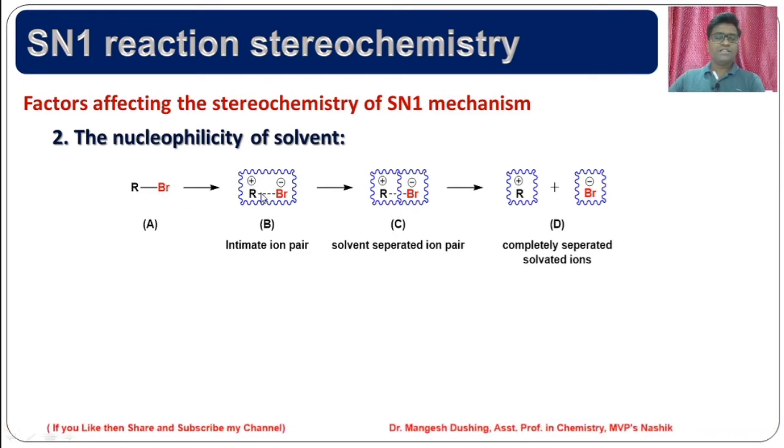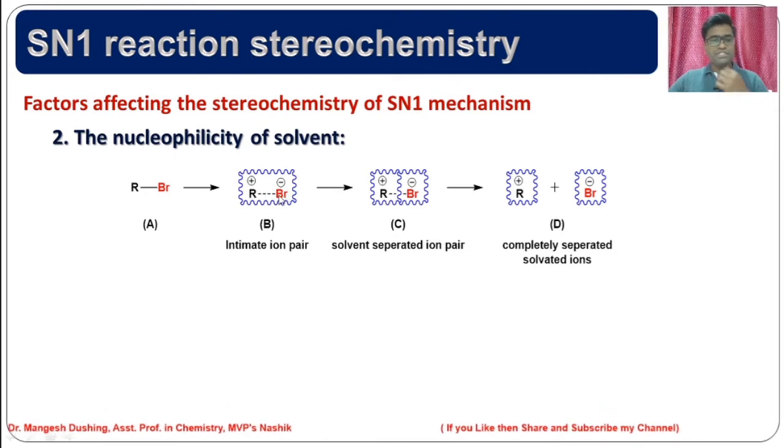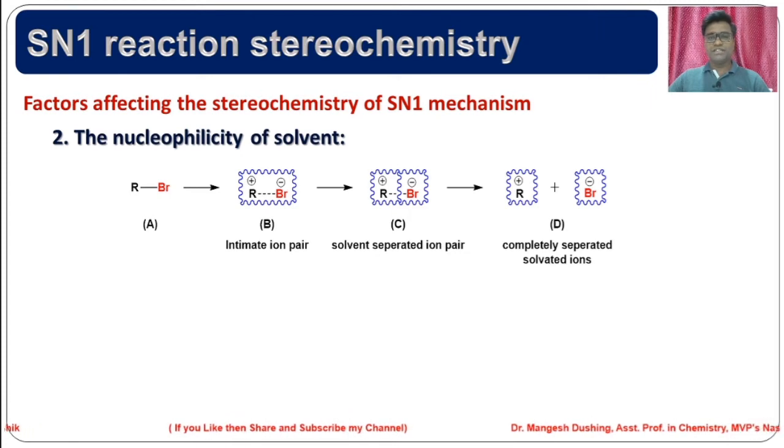Firstly, the bond becomes weak. So there will be some partial charges on R and partial charges on the Br. Br is negative. So there will be intimate ion pairs. They are not going away from each other, they remain close to each other. That's why these are called intimate ion pairs. Now the third step of the dissociation of this substrate is the solvent separated ion pair.